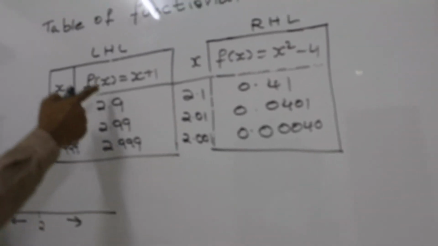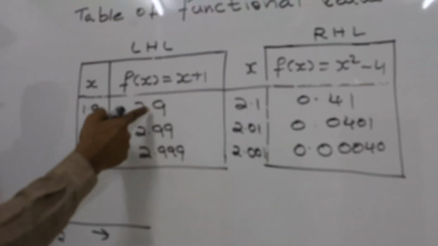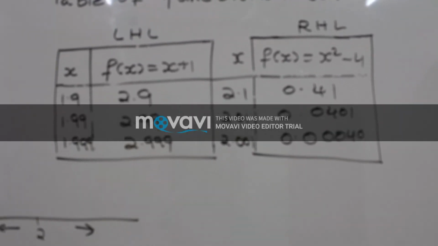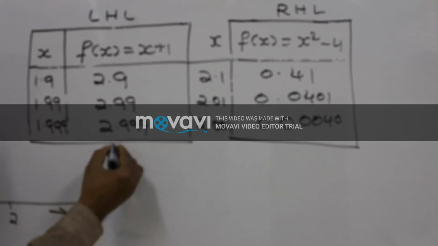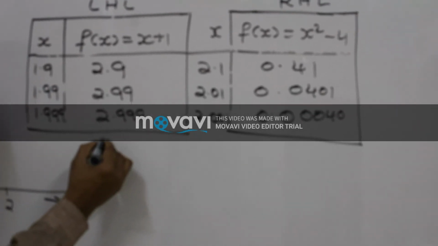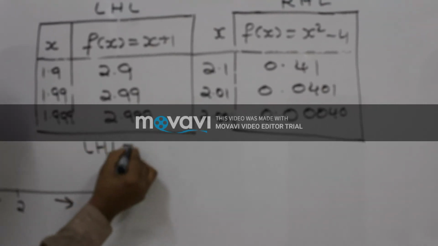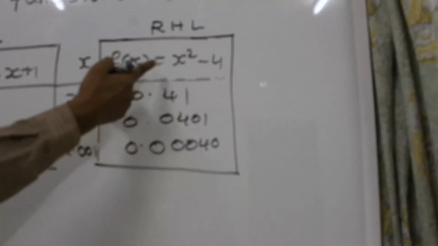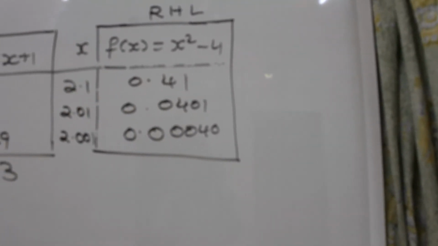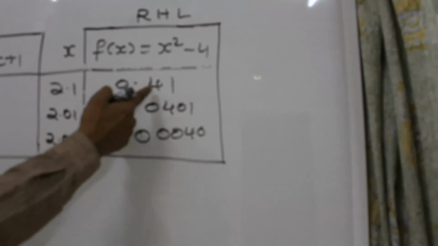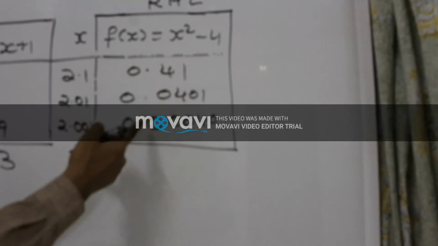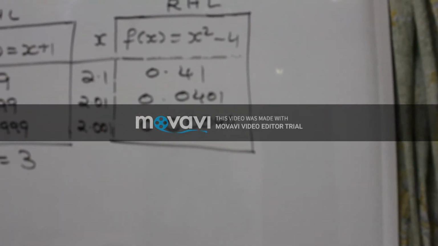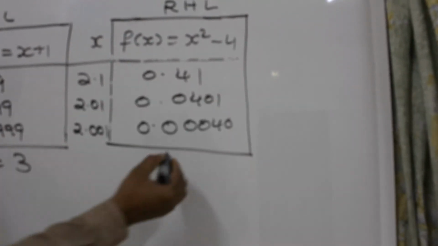From the LHL column, the functional values come like 2.9, 2.99, 2.999, very close to the number 3. So we can evaluate LHL equal to 3. In the RHL column, the functional values are 0.41, 0.0401, 0.004001, which is close to 0.